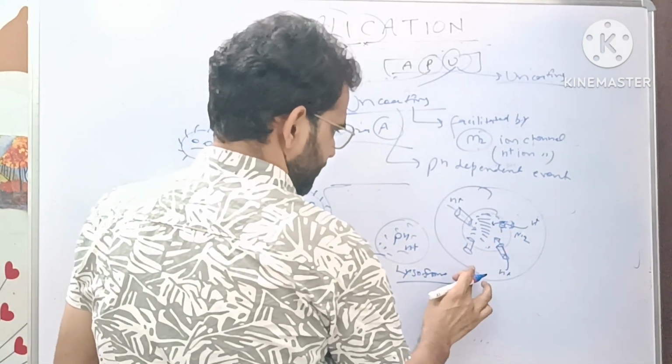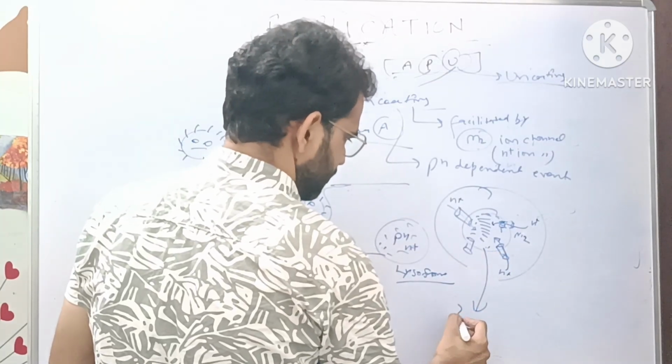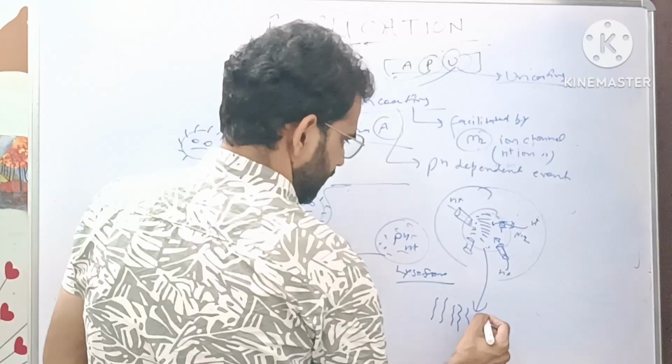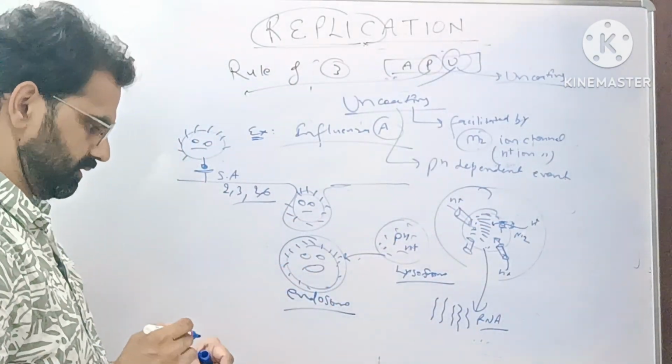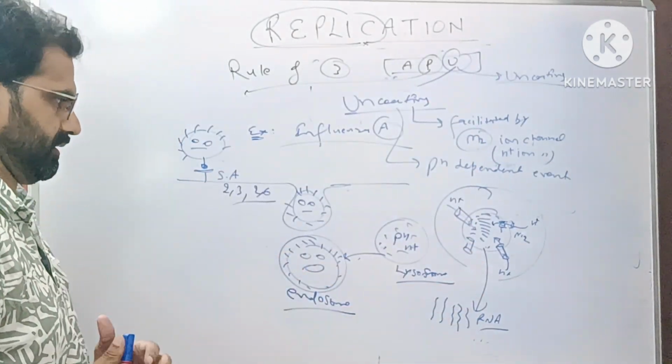Because of this, all the 8 segment RNA come out. So this is known as uncoating of the virus.